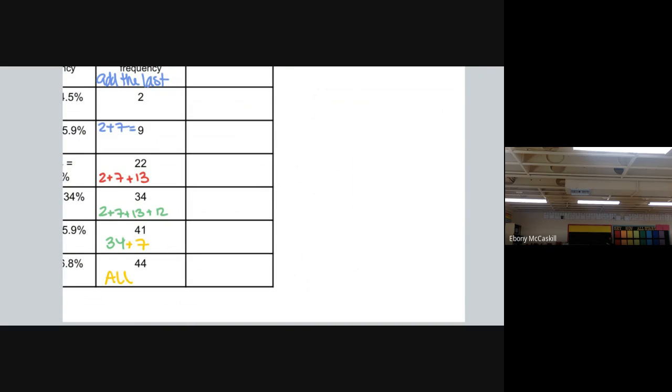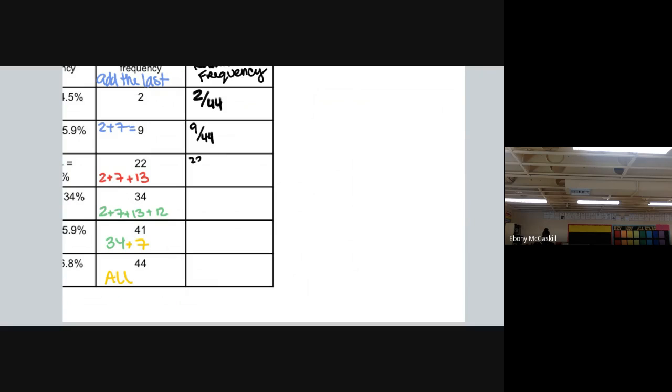So this is called your cumulative relative frequency. I'm going to do a relative frequency, but this time I'm going to use the cumulative numbers that I have. That means I have 2 over 44. Next, I have 9 over 44. That's the reason why we added those numbers to begin with.